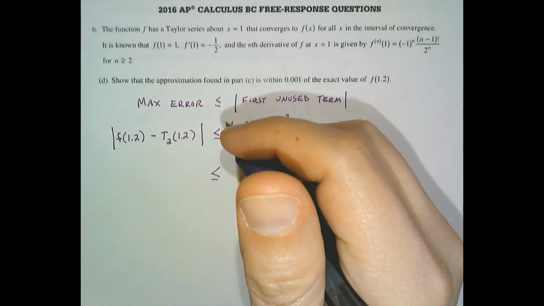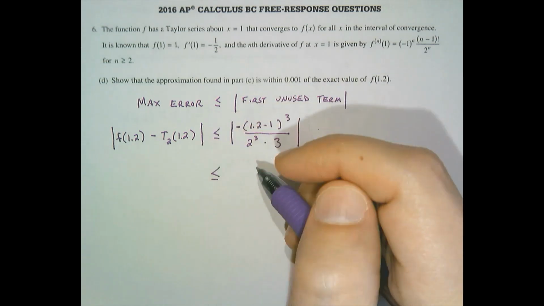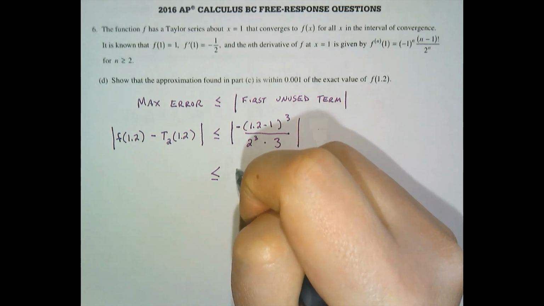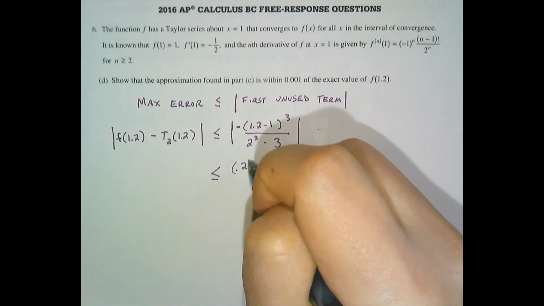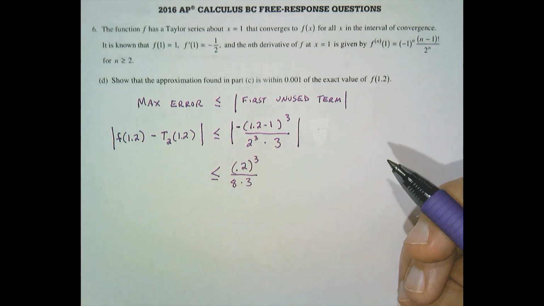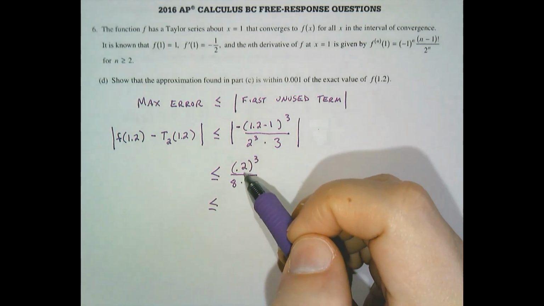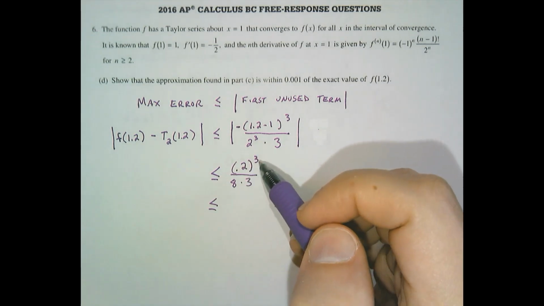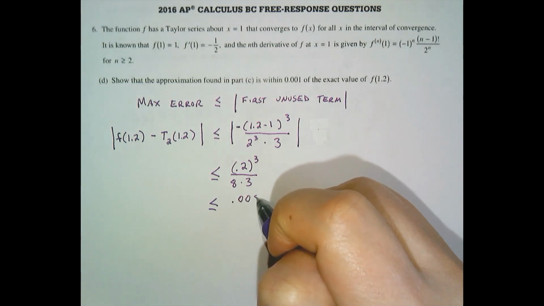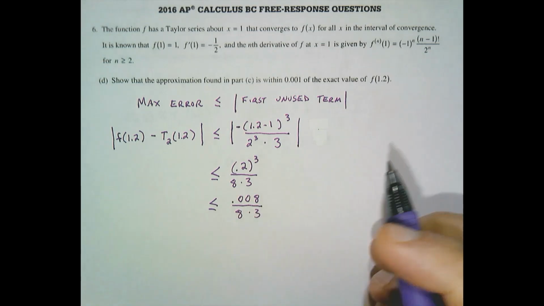And that gives you the value of the first unused term. If we want to go about simplifying that, we're going to get a value of 0.2 to the third over 8 times 3. And we continue simplifying that further. 0.2 to the third would be 0.008 over 8 times 3.